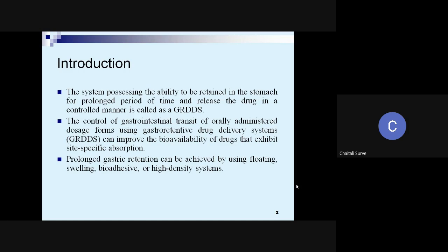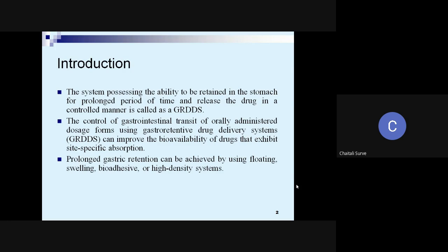There are many drugs currently available in the market which show poor absorption in your lower gastrointestinal tract. In the lower region of your gastrointestinal tract, these drugs tend to show poor absorption.